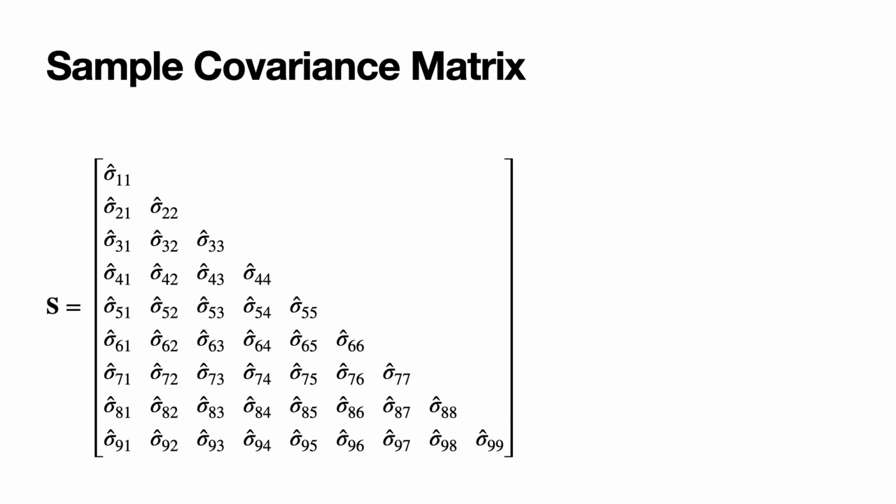And then we have our sample covariance matrix, which is our estimator for the raw unstructured covariance matrix. And so you can see here that I have put hats on the sigmas in the matrix. And so if we had real data, then we would have actual values in the entries for this sample covariance matrix.